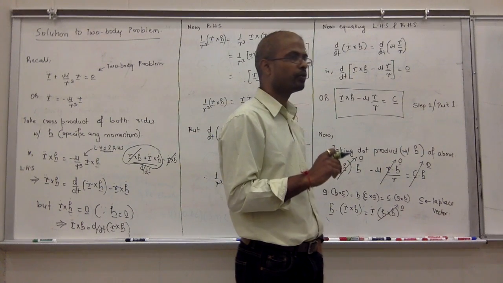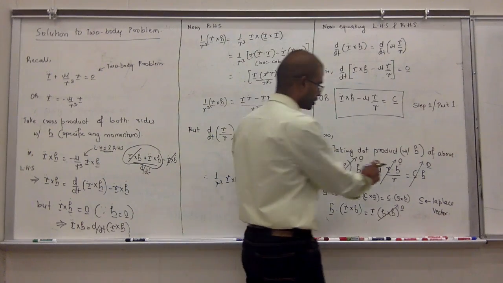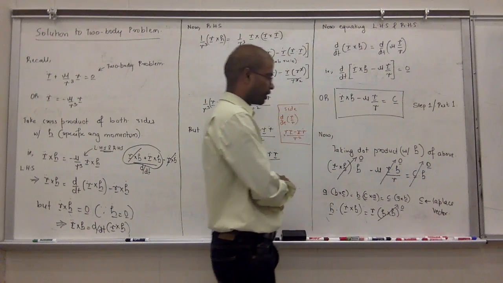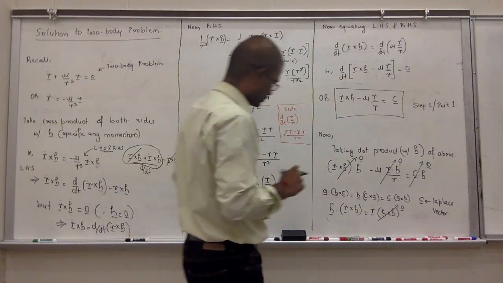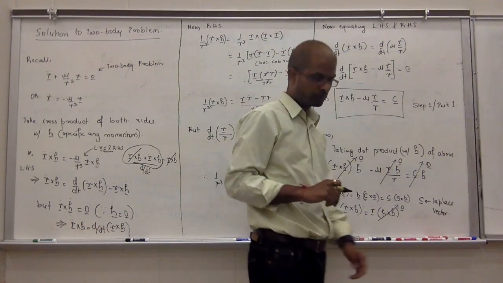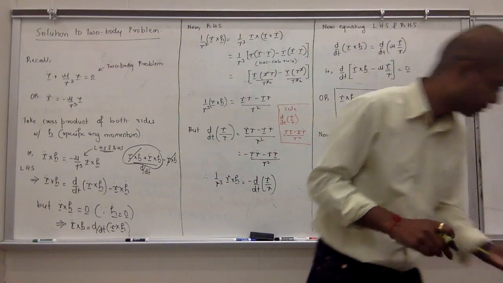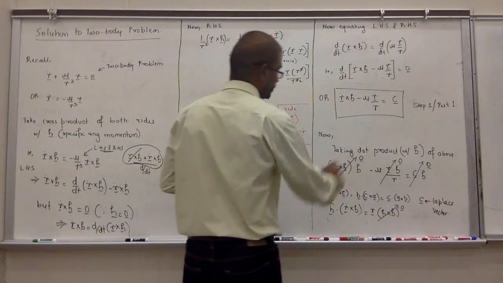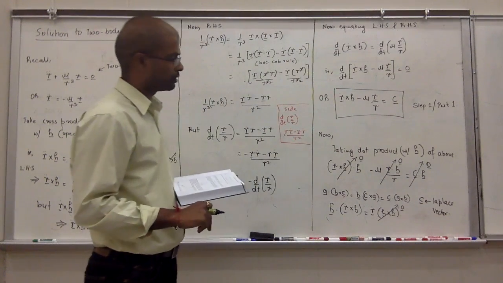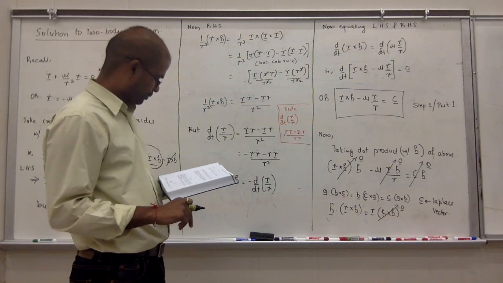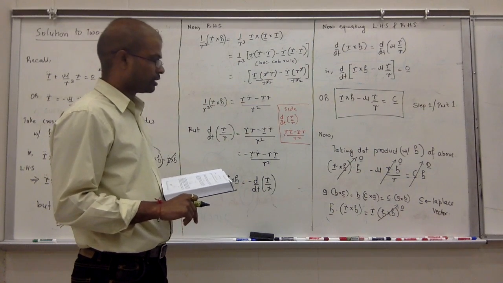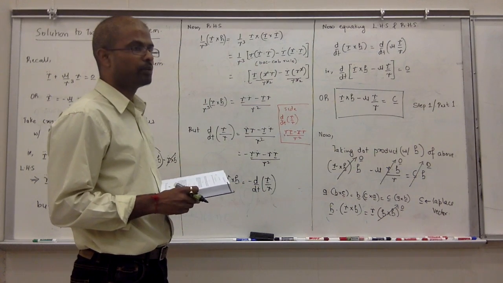Sine of 90 is 1 and cosine of 90 is 0. So this becomes 0. Okay? So we define something called the Laplace vector, and it says that the Laplace vector must lie in the orbital plane.